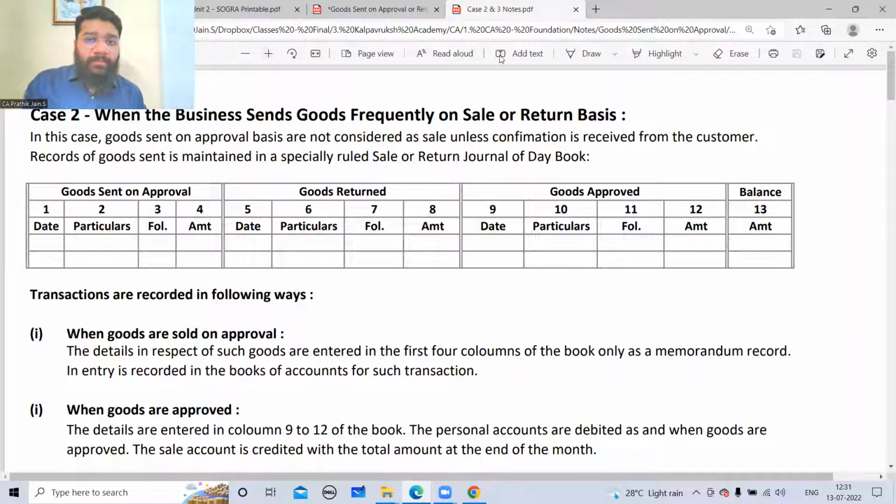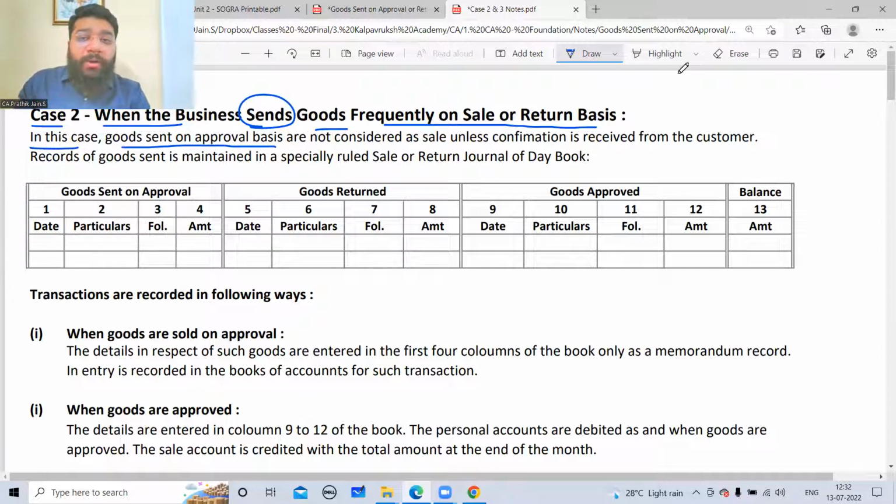Case 2, guys, says that when the business sends goods frequently on sale or return basis. In this case, goods sent on accrual basis are not considered as sale, unless confirmation is received from the customer.